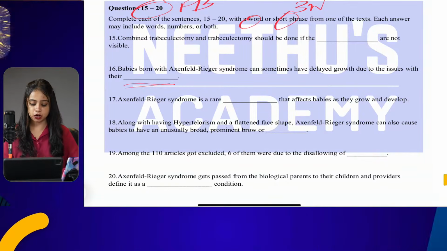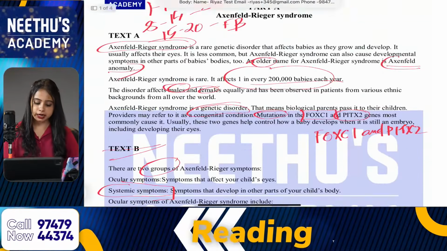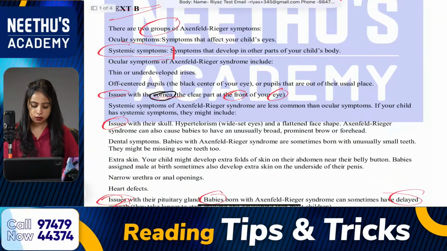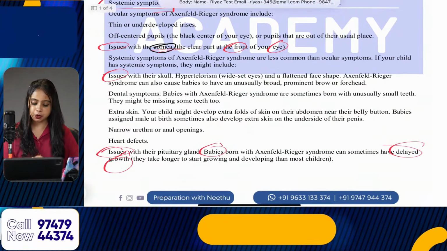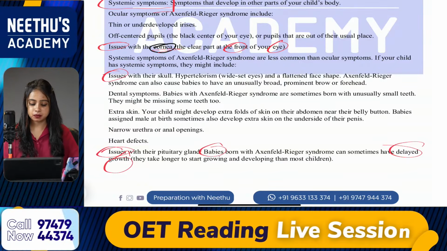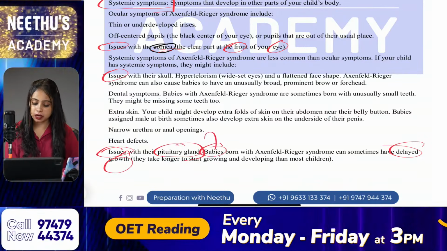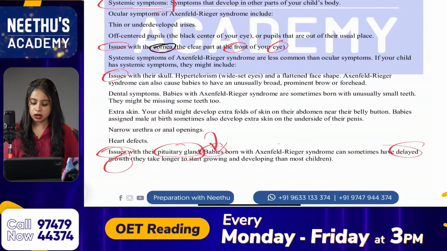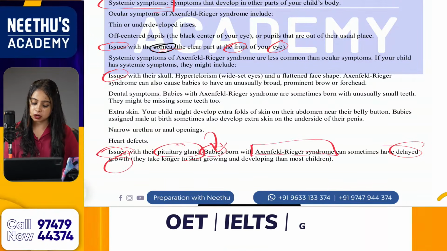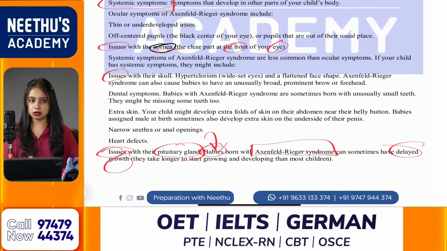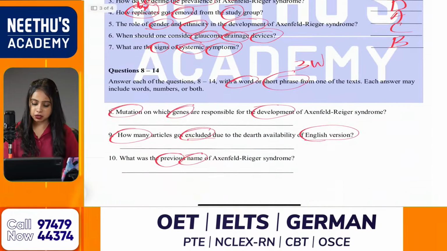Their what? It is related to the baby. See what is mentioned in the last point: issues with their pituitary gland. Babies is a keyword from the question, and Axenfeld-Rieger syndrome is another keyword. So pituitary gland should be the correct answer.